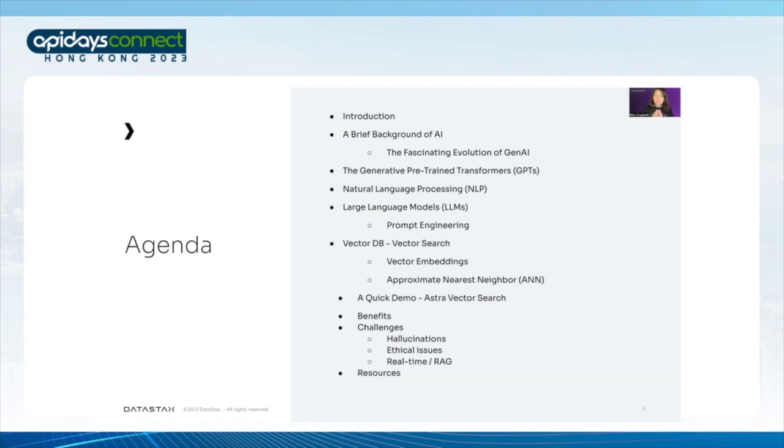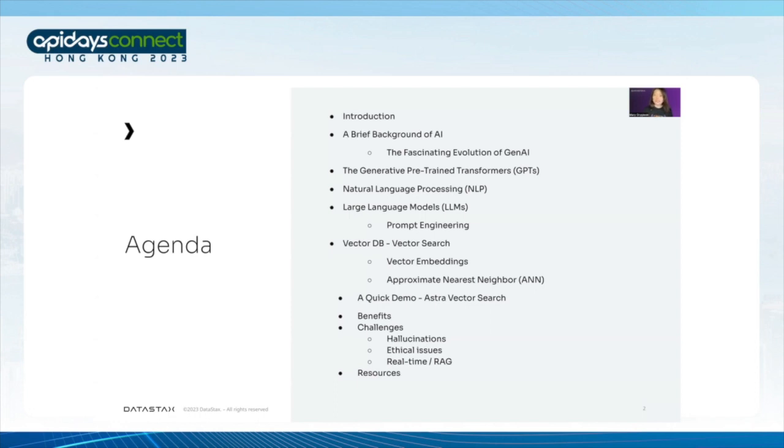And then after we talk a bit about Gen AI, naturally it leads into the generative pre-trained transformers, GPTs. We'll discuss a bit of the history of that too. And then we'll go into more of the studies that go behind it, which is natural language processing, as well as the models, large language models, LLMs.